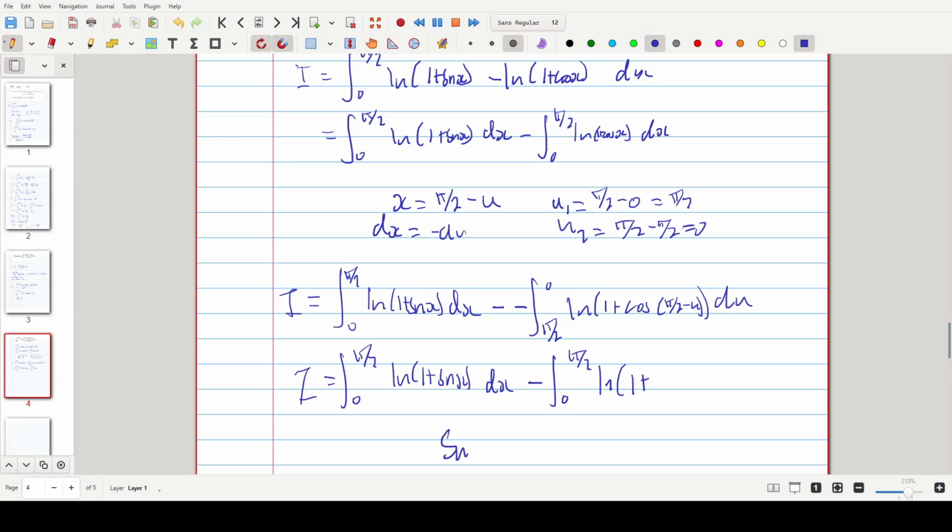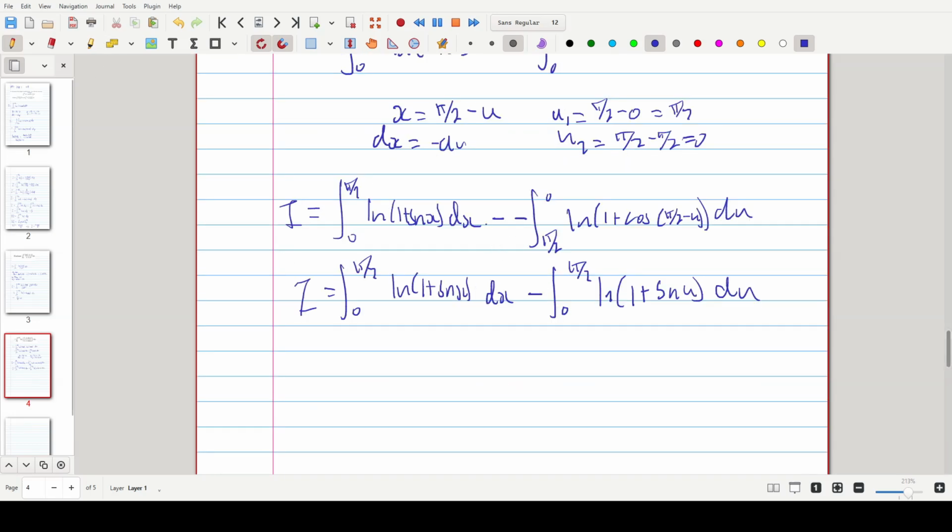So sin(pi over 2 minus x) equals cos x, and vice versa. So I'm going to write that as sin u du. Now notice these two are literally exactly the same thing, they're going to give you the same value even though the variable is different, so we just get I equals 0. So the value of our integral is just 0.